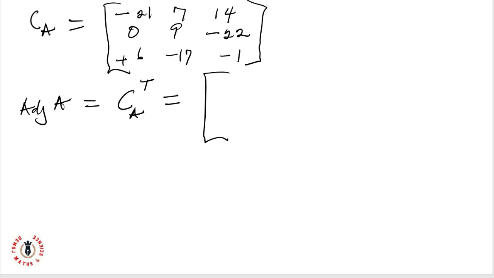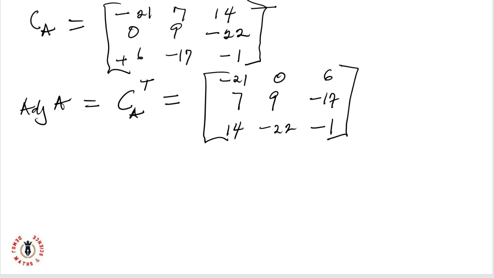The same thing applies here. We now make the rows our columns. The first column will be minus 21, 7, and 14. You observe that the first row has become my first column, and now my second column will be 0, 9, and minus 22, and the third column will be 6, minus 17, and minus 1.